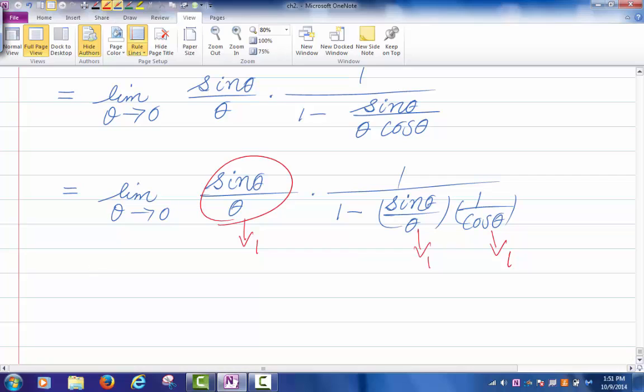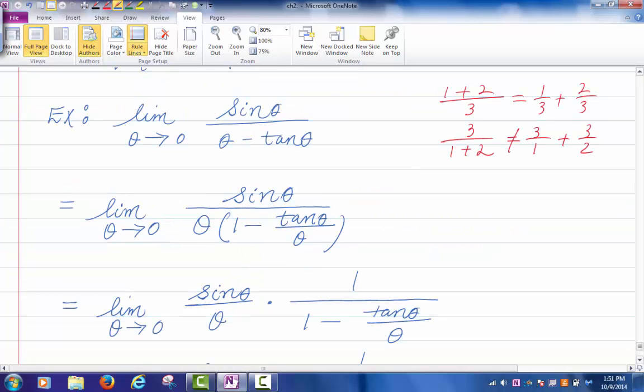So at the end, the limit would be 1 times 1 over 1 minus... hey, was it minus or a plus? I should have a plus here, sorry.